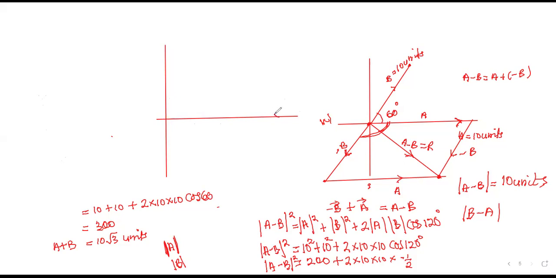Okay, let's see. So A is here. If I measure 60 from A, I locate B. This is B, 60.